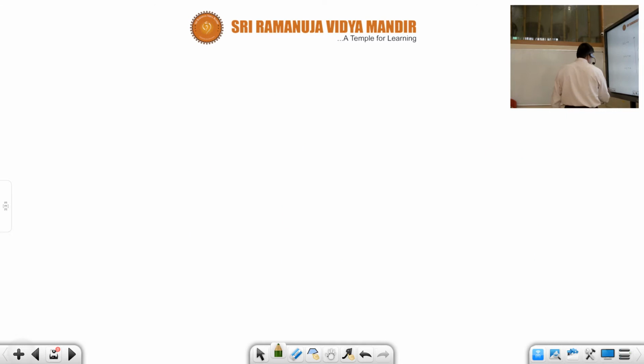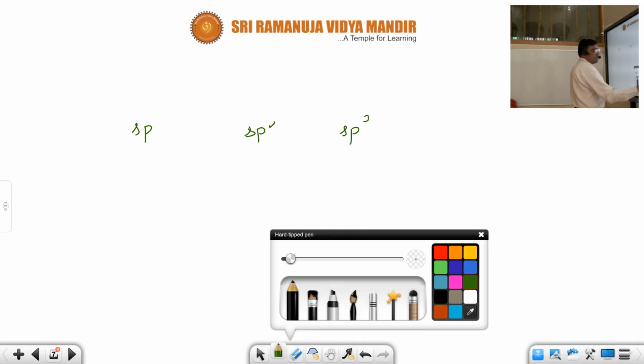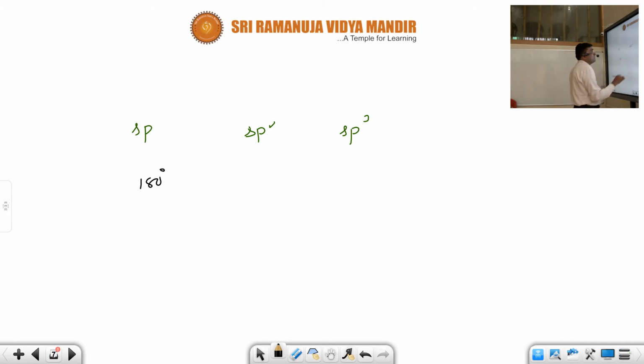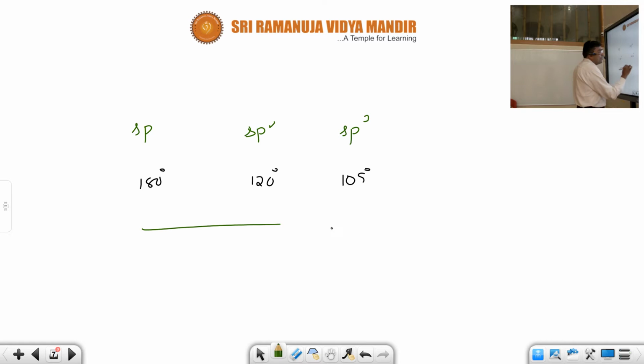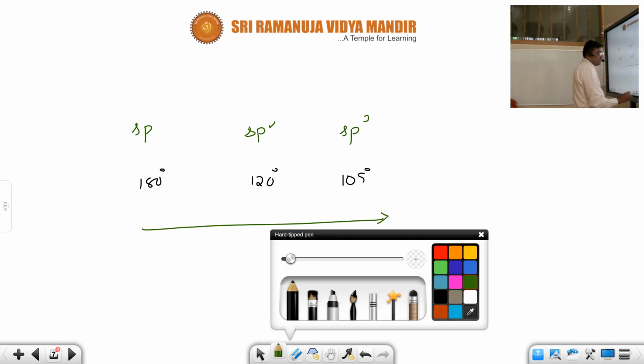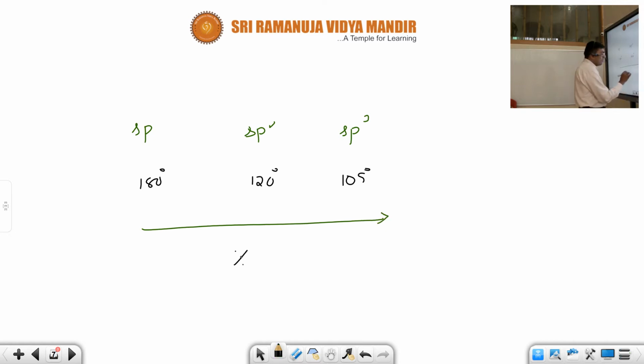How? I'll tell you. Have a look here. From SP to SP3, if you take, students, have a look. Bond angle in SP is 180 degrees, SP2 is 120 degrees, and SP3 is 109 degrees. So, as you move this way, percentage of S character decreases, so bond angle decreases.